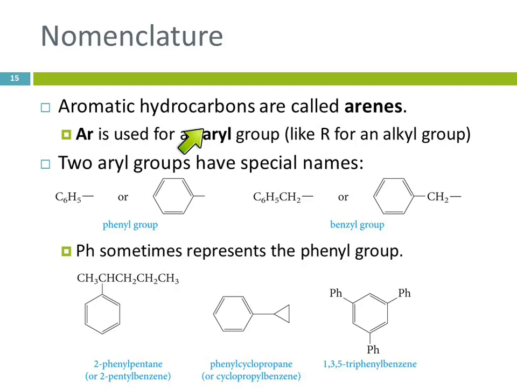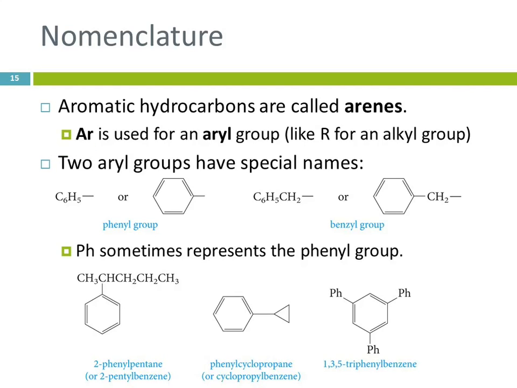And so then we say that's an aryl group. And we use Ar as the symbol for that. Just like we used R to stand in for an alkyl group, could be methyl, ethyl, isopropyl, anything like that, we use Ar to stand in for an aryl group.